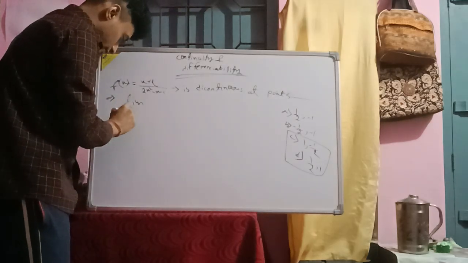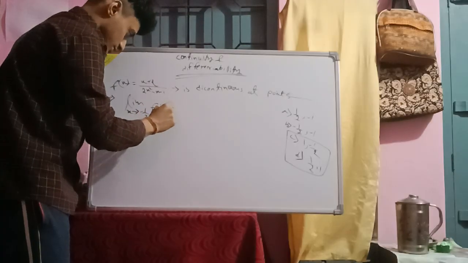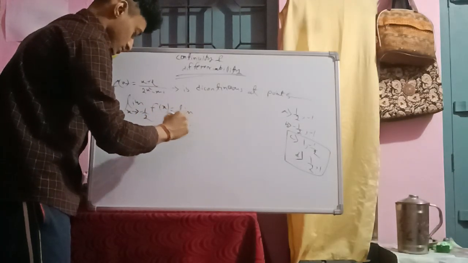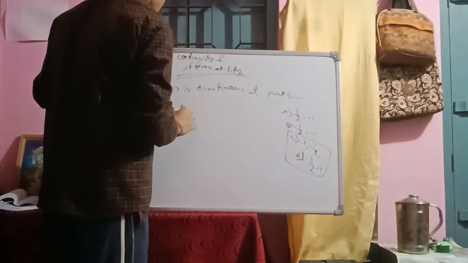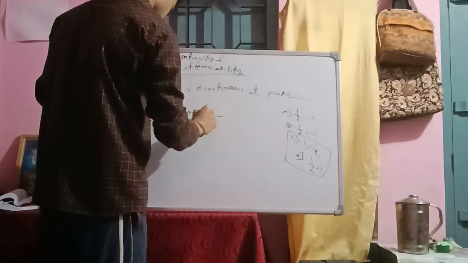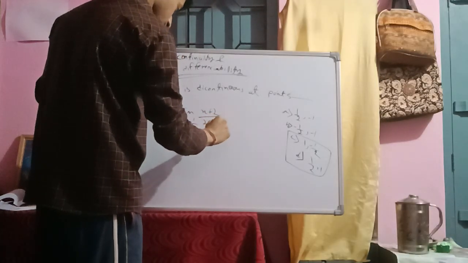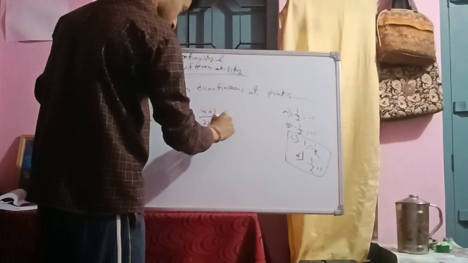As limit of x approaches negative 1 over 2 of f of x, it's going to be limit of x approaches negative 1 over 2 of this function, x plus 2 over 2x square minus x minus 1.